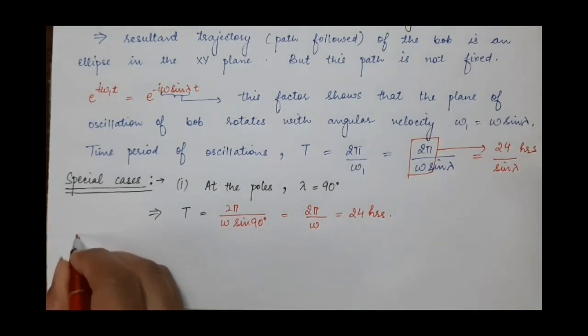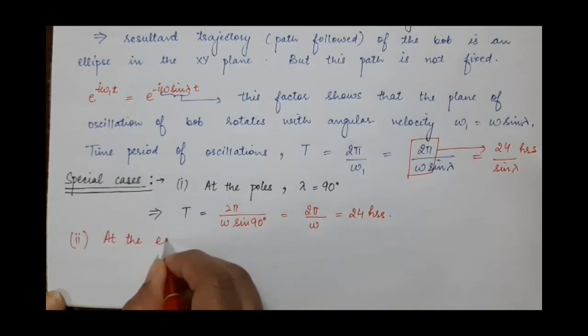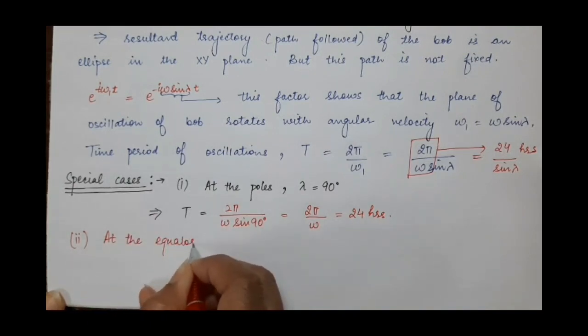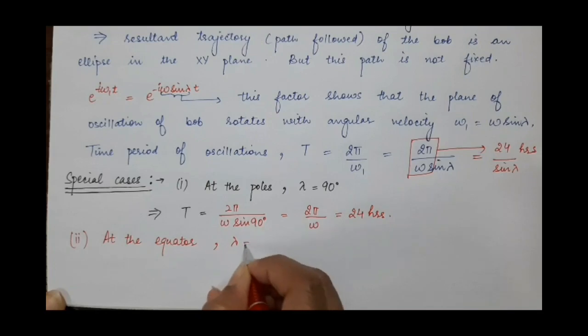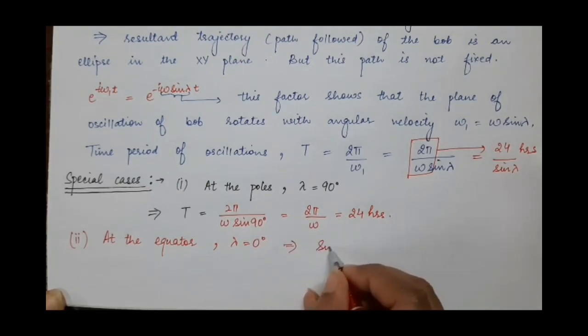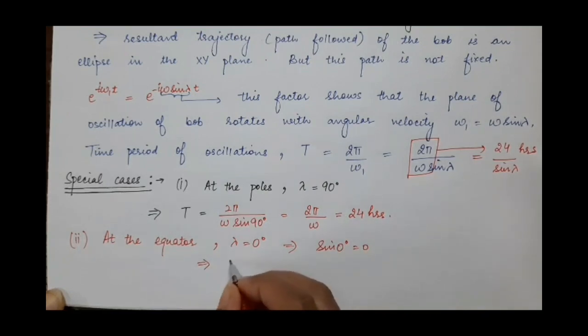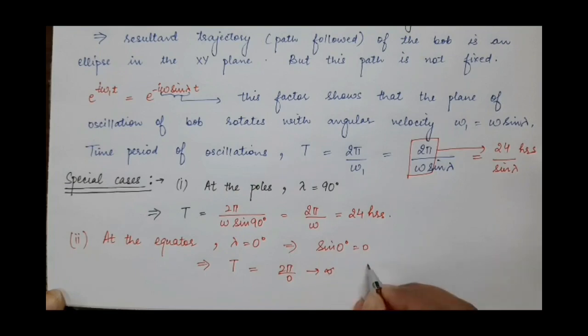Then the second special case will be at the equator. If Foucault's pendulum is placed at the equator, there lambda will be equal to 0 degrees. Then sin 0 degrees will be equal to 0. So the time period to complete one oscillation of the pendulum will be equal to 2 pi by 0, meaning infinity.